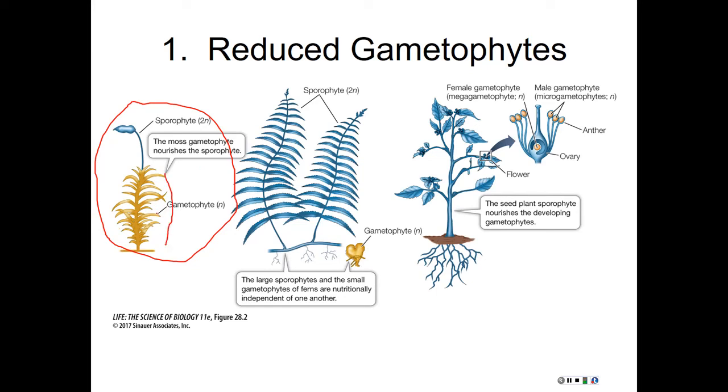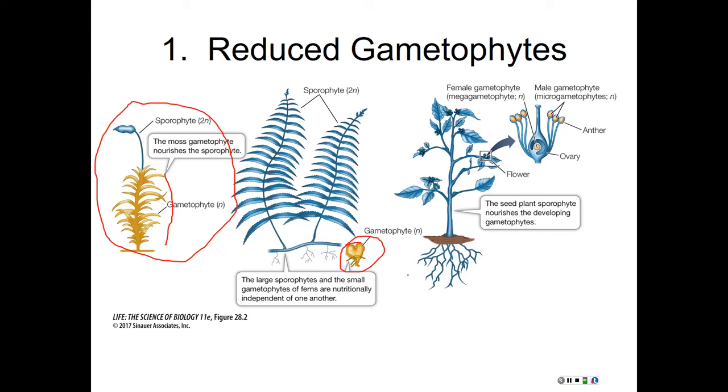It's the bigger part, and the sporophyte is very small and nutritionally dependent. If we then look at the seedless vascular plants, such as ferns, the gametophyte is quite small, still not as small as it's going to be, but it's quite small, and the sporophyte is quite large. But the gametophyte is, in fact, nutritionally independent, so these two are actually independent of one another.